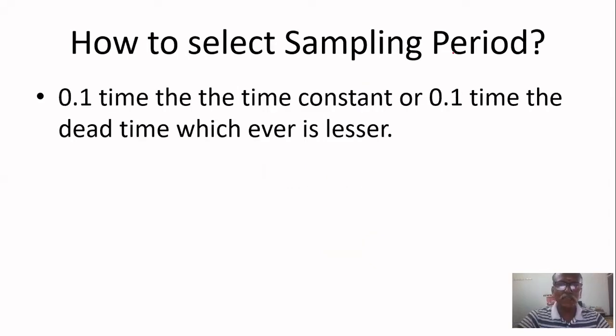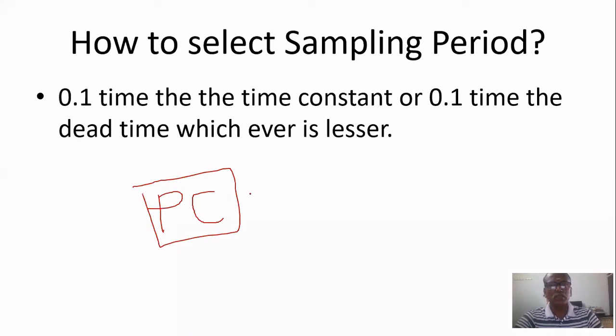Then how to select the sampling period for process control? We are going to use this digital environment in process control applications, and so how do we select the sampling period for that? It may be 0.1 times the time constant.